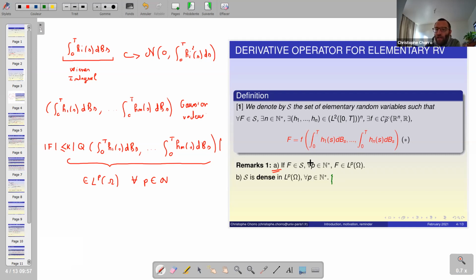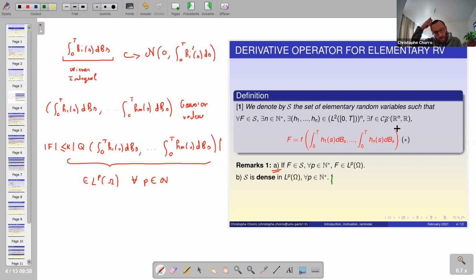We have not only an inclusion, we also have the fact that S is dense in L^p for all p belonging to N star. So I have a lot of elements in S, sufficiently many to ensure its density.